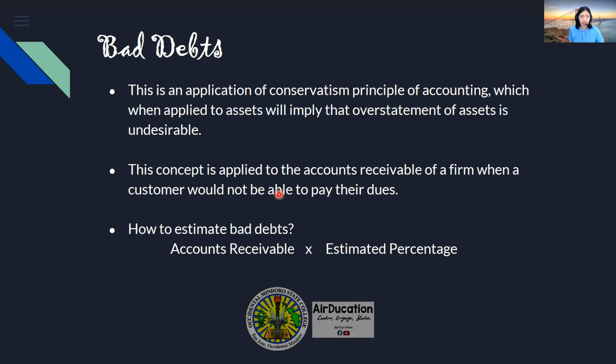If you are an accountant and you can't determine the value of possible receivables that you will no longer receive, so we will just multiply the amount of accounts receivable to the estimated percentage of that particular bad debts. Okay? Example.